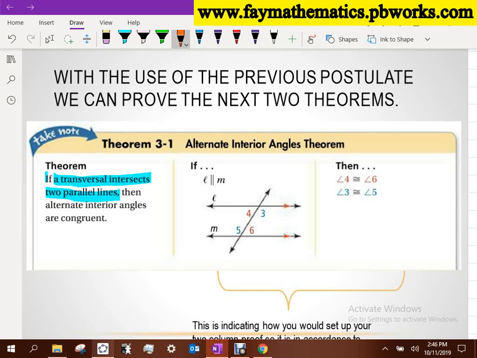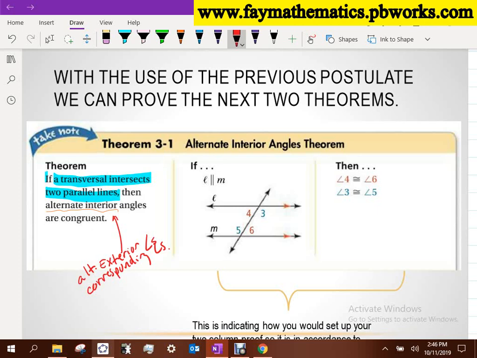Basically what I want you guys to do here is write that this is true, but then underline the alternate interior angles phrase and maybe draw an arrow to it and say, we can put alternate exterior angles there, and we can put corresponding angles there, and still have a true statement. Does that make sense? And that will allow you to really write 3 theorems using just that one statement.